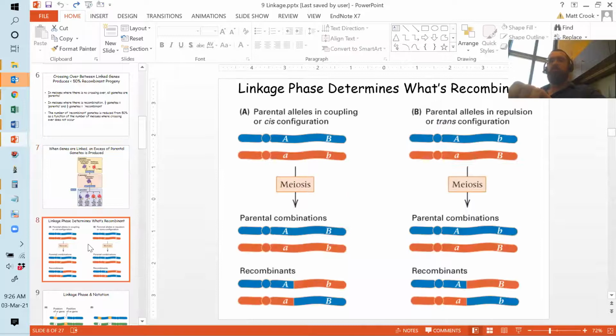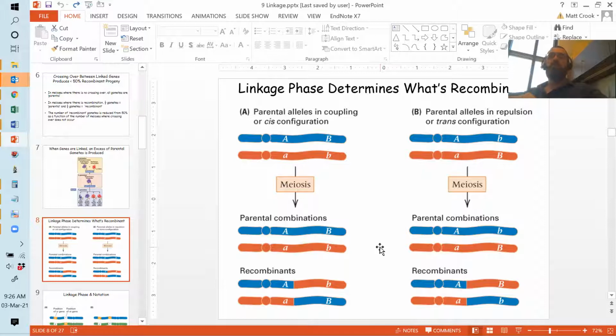Okay, so a little bit of terminology. If we are talking about linkage, you can only figure out what kind of configuration those alleles are in by looking at the offspring.